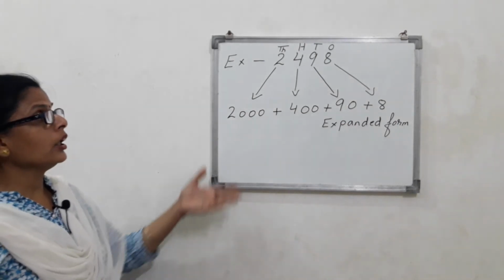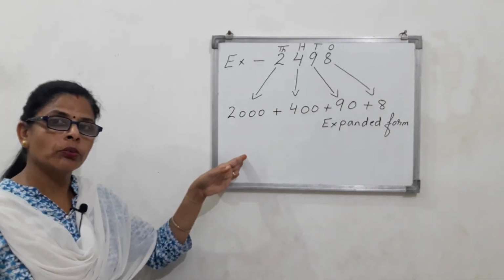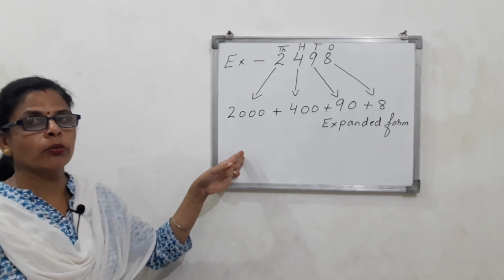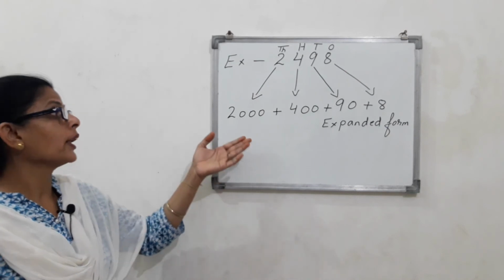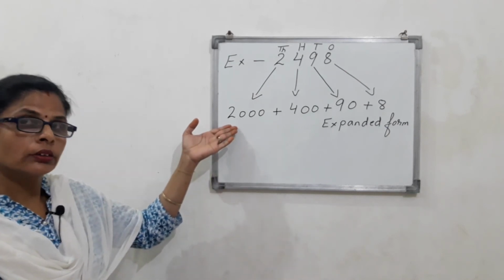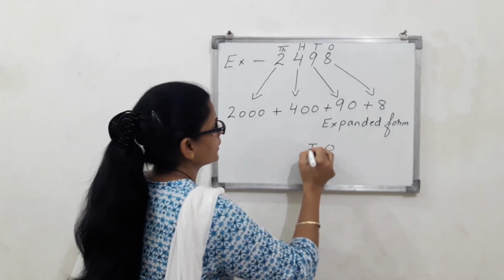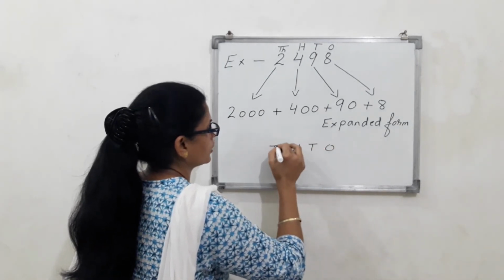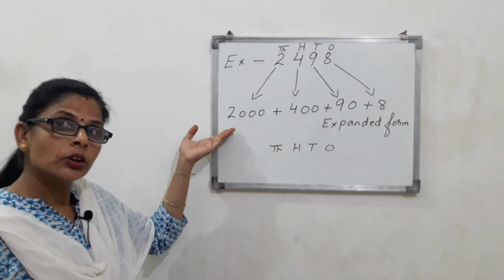And again, if we have to write this expanded form into short form, or we call it standard form also, how do we write this in short form? We will write the places ones, tens, 100 and 1000, right? 2 is written on which place? 2 is 1000.